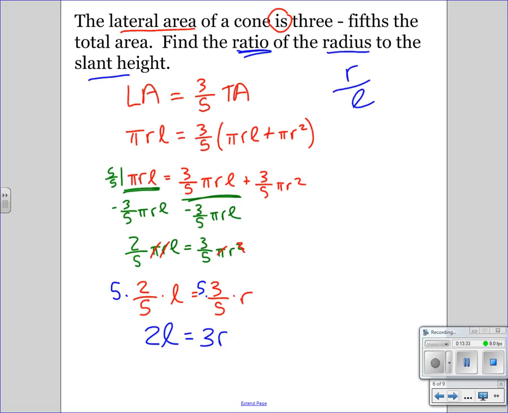So I'm looking for r over l. So I need to divide by the 3 to get rid of the 3 on the right, and I need to divide by the L so that I can have the ratio of R over L, and that is 2 to 3.